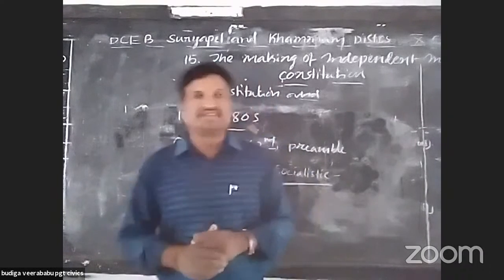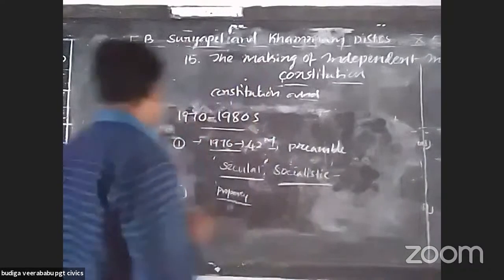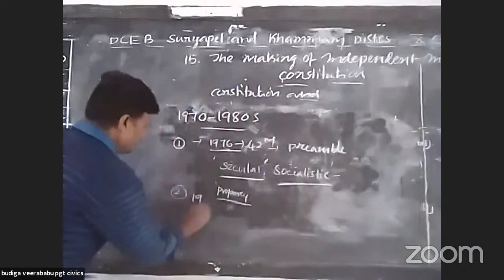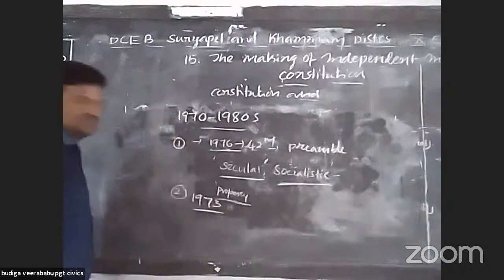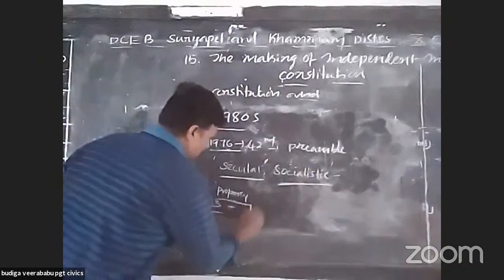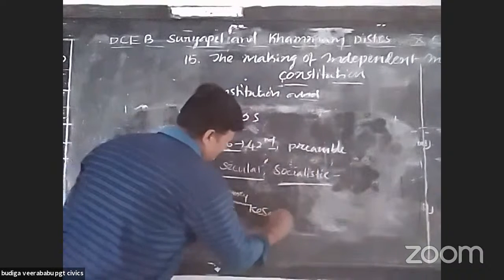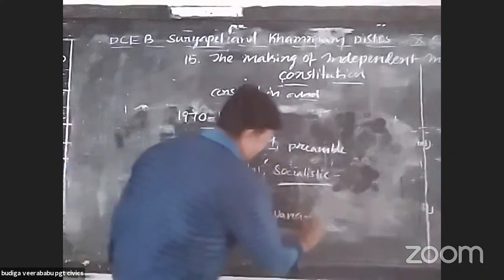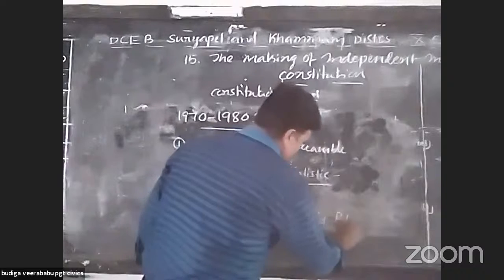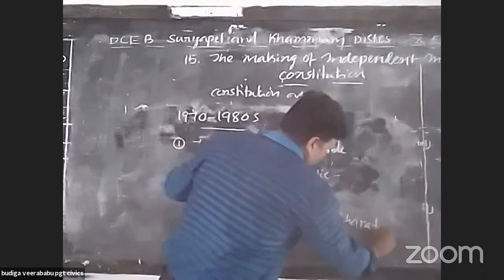But in 1973, the Supreme Court gave its judgment on the basic structure of the Indian Constitution through the Keshavananda Bharati case.